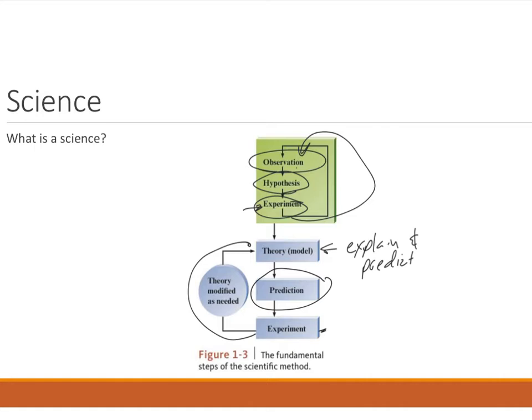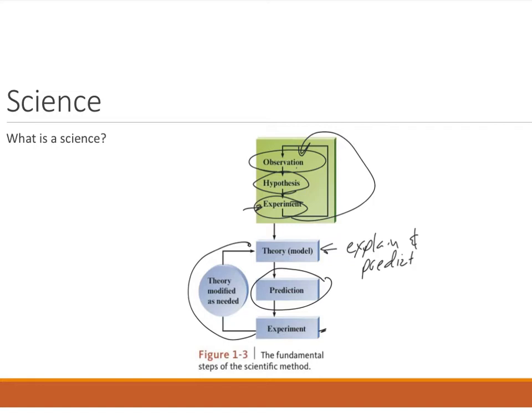In other words, they are fallible. They are subject to interpretation and debate, and even sometimes being completely disregarded. There are several theories that have fallen out of favor as new information and better theories, better models have been constructed.